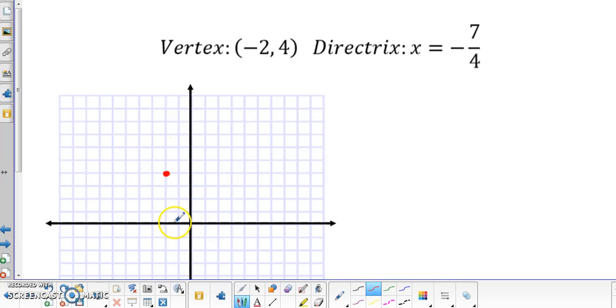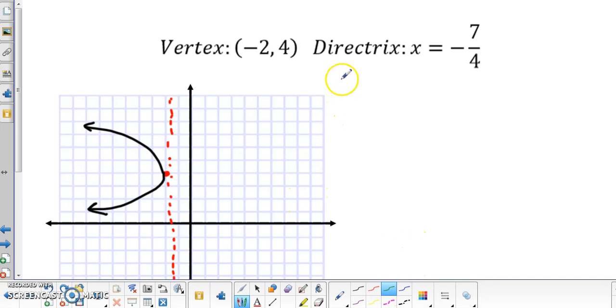So that means I'm going to be right about here-ish, and it's on the x. So we can see here that the directrix is to the right of the vertex, so that means my parabola is going to be opening this direction.